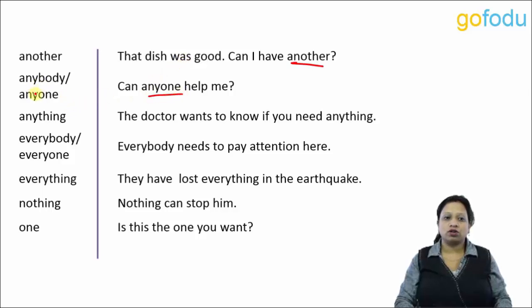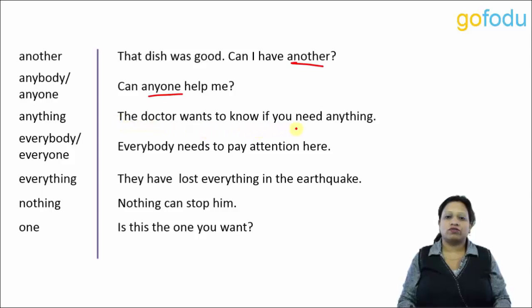Guys, make sure you remember these things. These are anybody or anyone, another, and anything. These are specifically singular. They are used for singular things, singular nouns in a sentence. They are not plural. So the verb with them, the helping or the main verb, will always be singular.